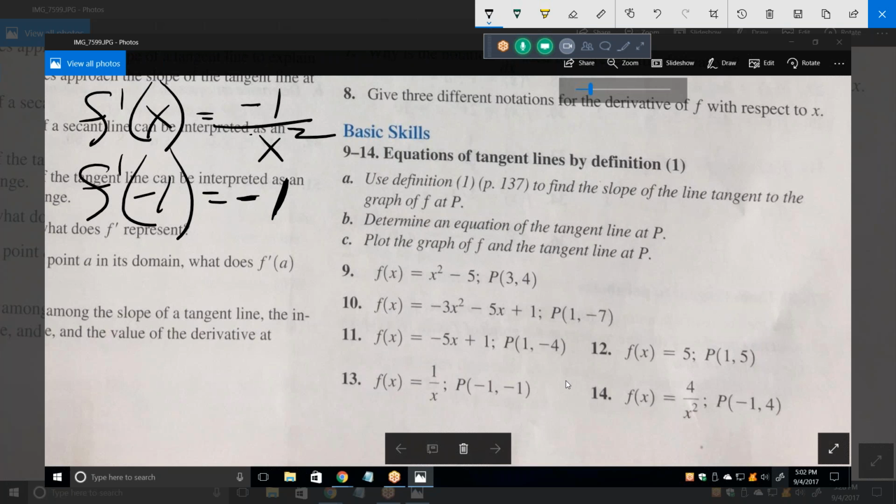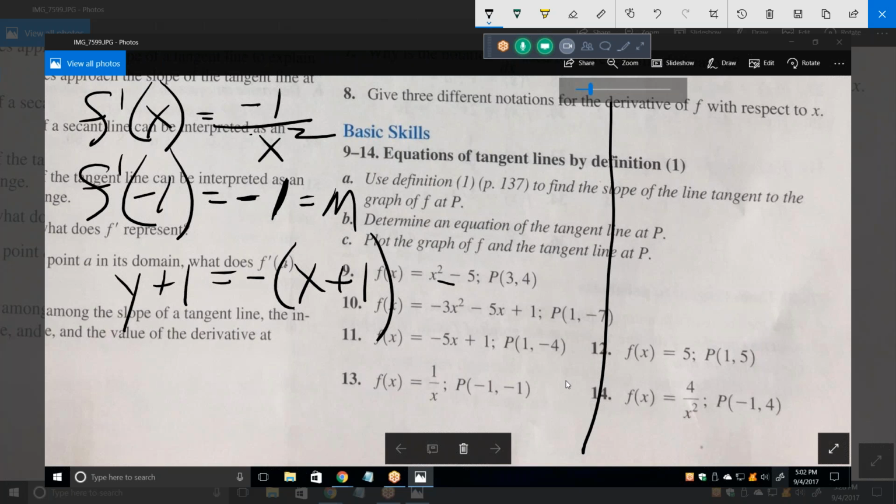Despite the fact that I used the wrong point, because it's squared, 1 is the same as -1. So our slope is still -1. And now if we do point slope format, we get y plus 1 equals minus x plus 1. You with me?